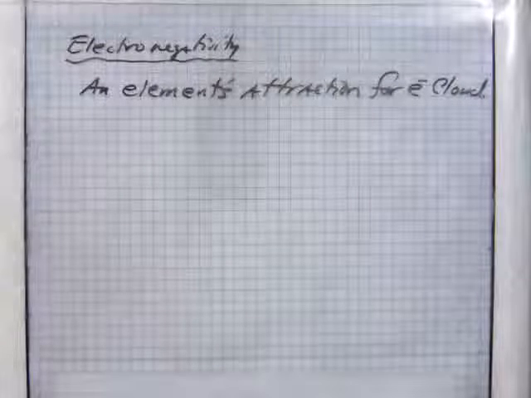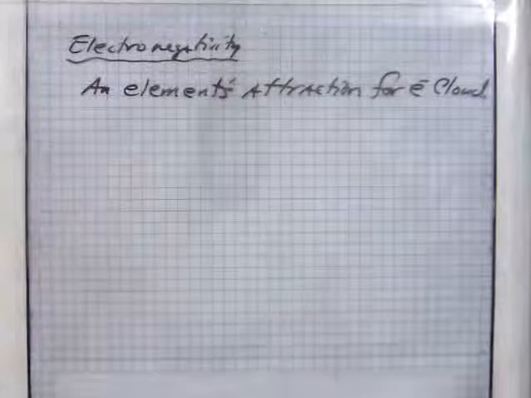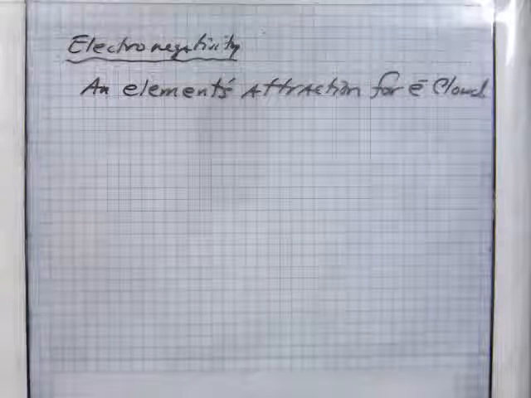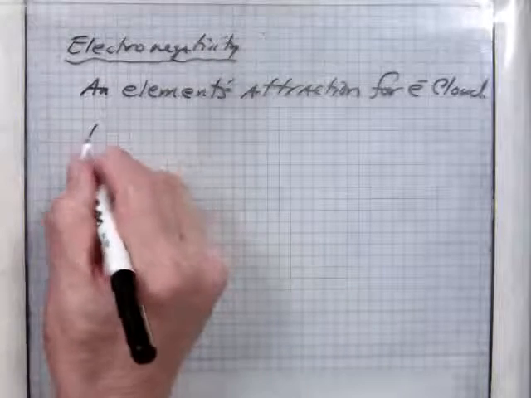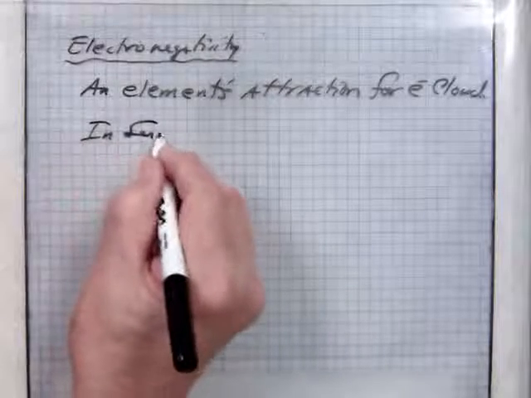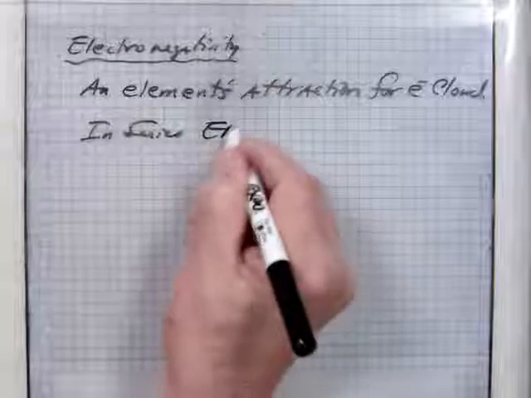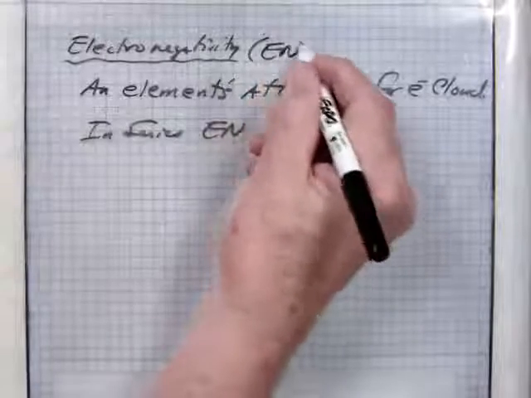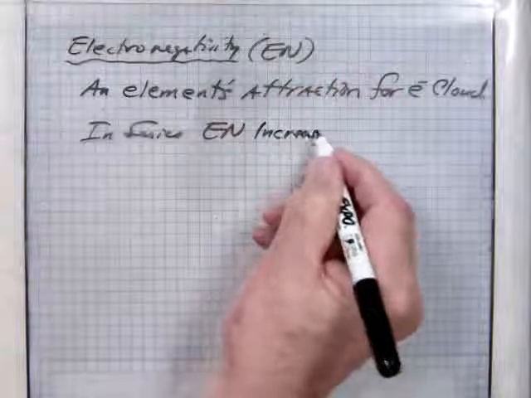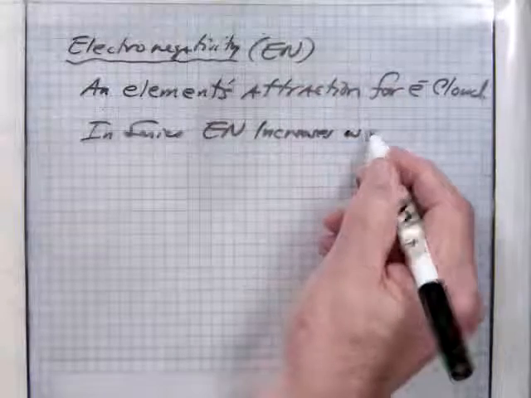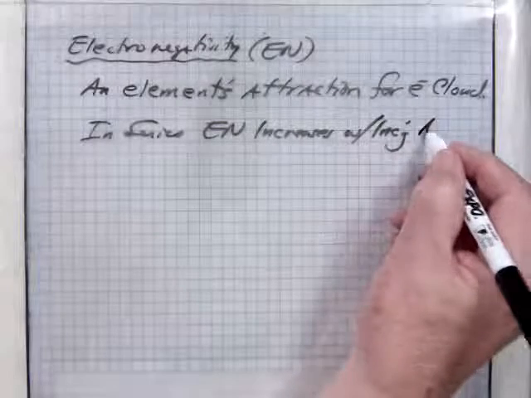In the periodic trends, what we see is, from left to right on the periodic chart, an increasing electronegativity. In series, electronegativity, I'll use EN to save space, EN increases with increasing atomic number.